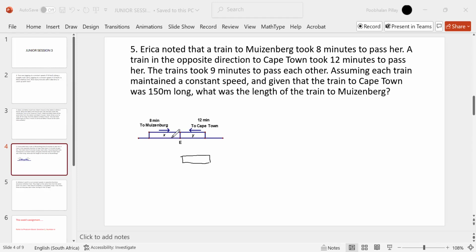We don't know what the length of the train is. They give the length, but I'm just going to call it X and Y at some point or the other. So I'm going to call this X. So in 8 minutes, this train would have covered X meters.